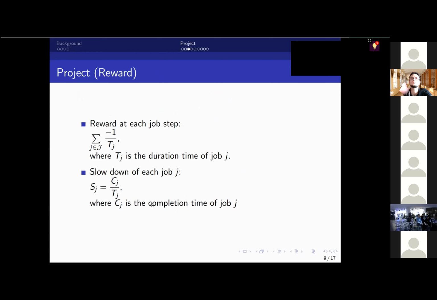Completion time is the time from when the job starts to execute until it has completed. And here is another index, slowdown. The formula is like this, and Cj is the completion time of job j. Our objective is to maximize our reward and to minimize the slowdown.